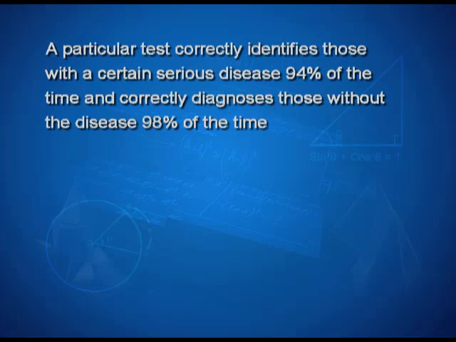Let us start with one of the applications where you will realize that the given information at times misleads us, but knowing Bayes theorem helps to put the same information in a better perspective. Suppose we have a situation where we know that a particular test correctly identifies those with a certain serious disease 94% of the time and correctly diagnoses those without the disease 98% of the time.